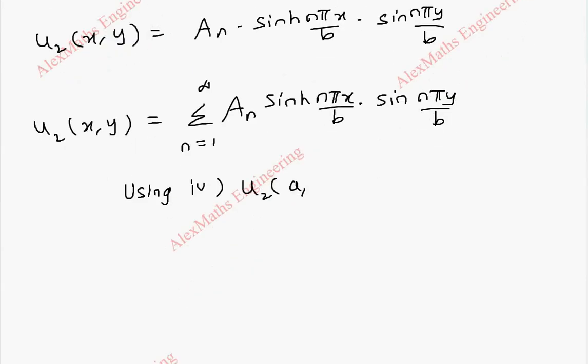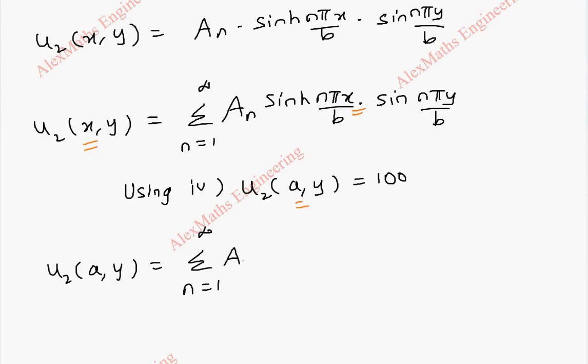Wherever x is present, we have to replace it with a. So u2 of a comma y is summation n is equal to 1 to infinity An sinh n pi by b into a, then sin n pi y by b.